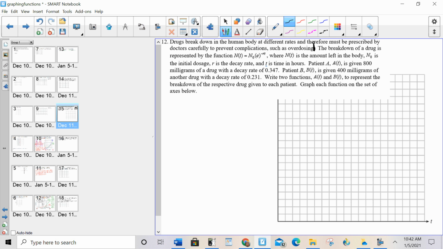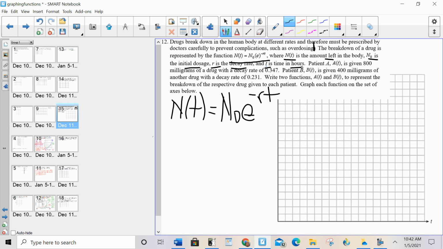No. The breakdown of a drug is represented by, here you go, N of T equals N0 e to the negative RT, and it tells you what the variables represent. N of T is the amount left in the body, N0 is the initial, R is the rate, T is hours.